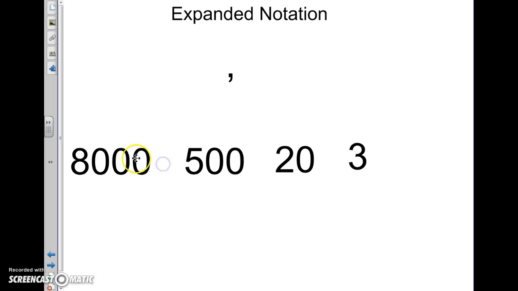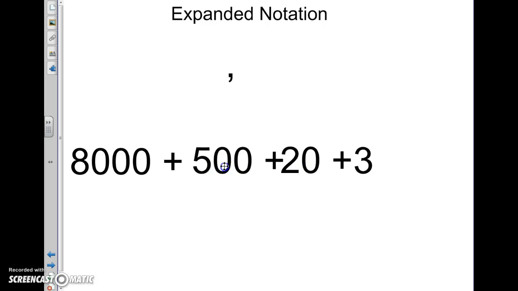So 8,523 is made up of 8,000 and 500 and 20 and 3. So we're going to use this expanded notation as we work on some different strategies with multiplying multi-digit numbers next time.